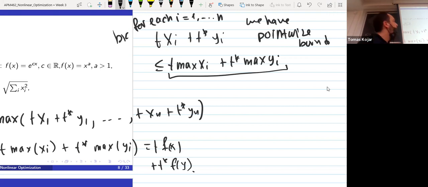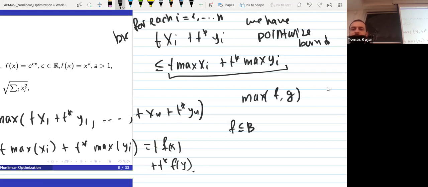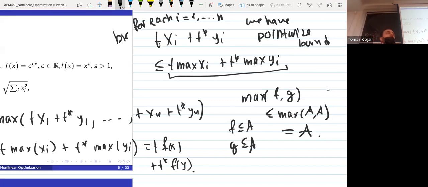In general, if you have the maximum of f and g, and you know that f is less than b, and g is less than a, you can bound this by the maximum of a and b. We're doing something similar here. But it's a constant, same trick. And the constant is the same. So let me call it a.